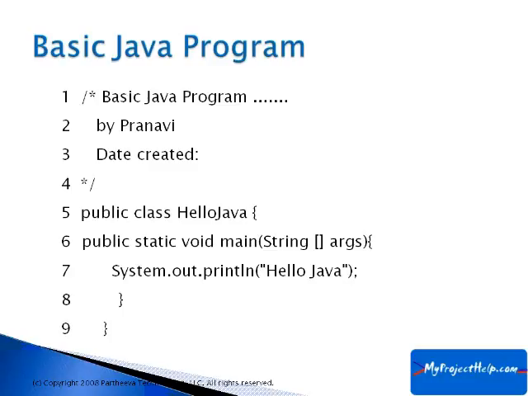Public is the access specifier, which means this class can be accessed across packages. Class is a reserved keyword, which means reserved keywords should not be used for naming a class, variables, or method declarations. Reserved keywords have their own purpose and meaning. Class is a reserved word.